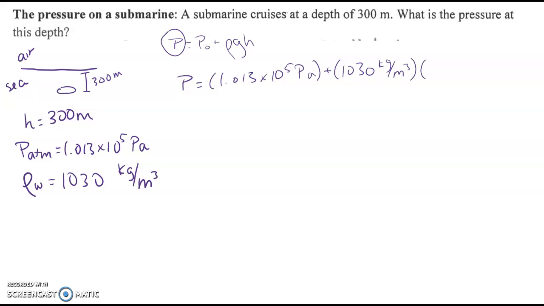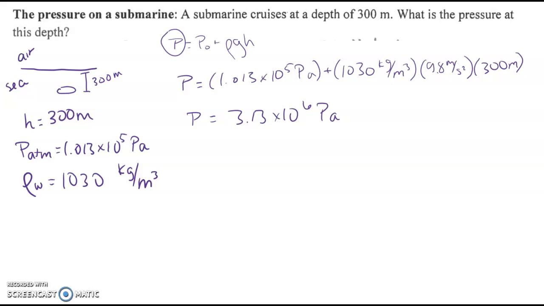I think in my calculation here, I actually used 9.8. I know, it's unlike me, but so be it. And our depth is 300 meters. All right, so plugging that all in, our pressure is 3.13 times 10 to the 6 pascals.